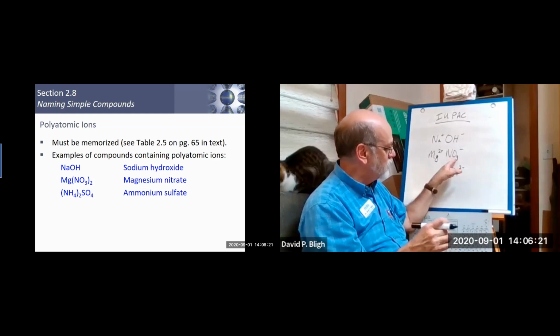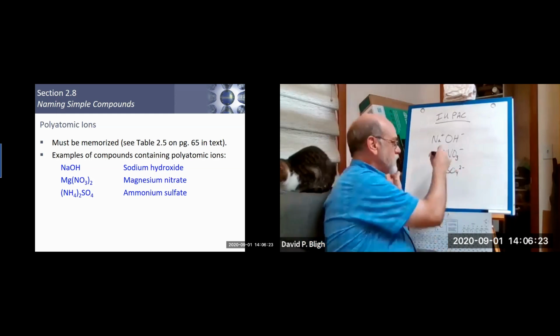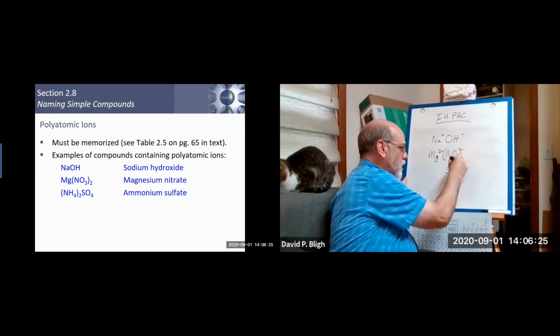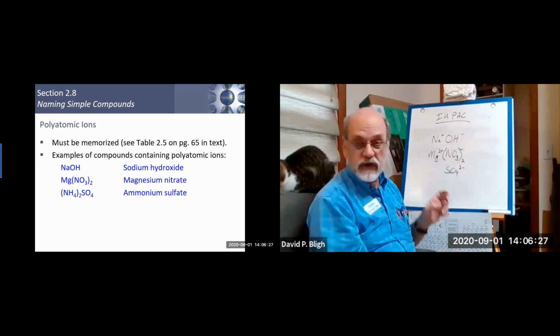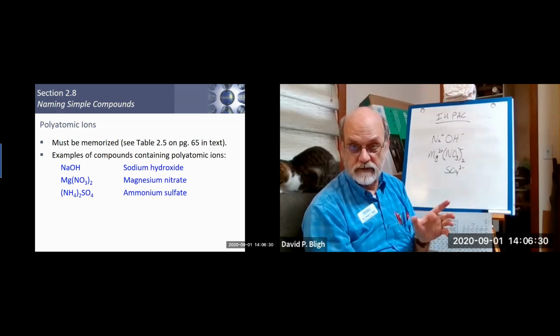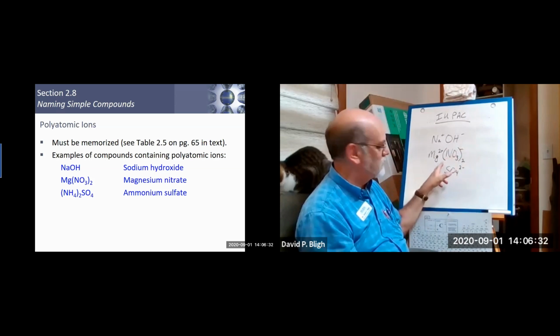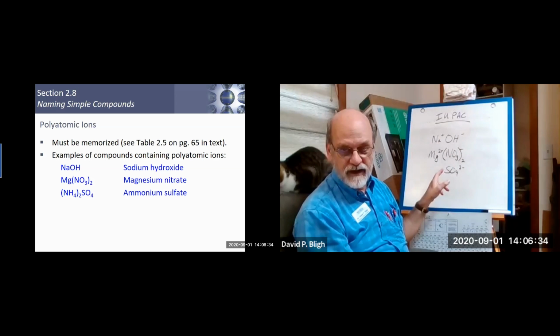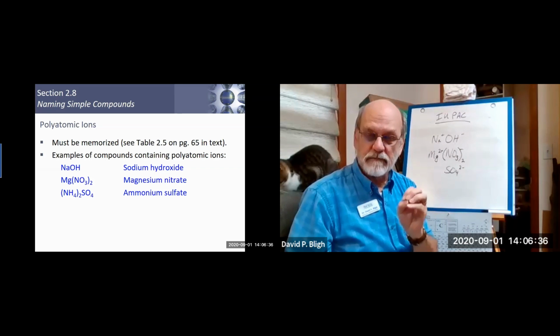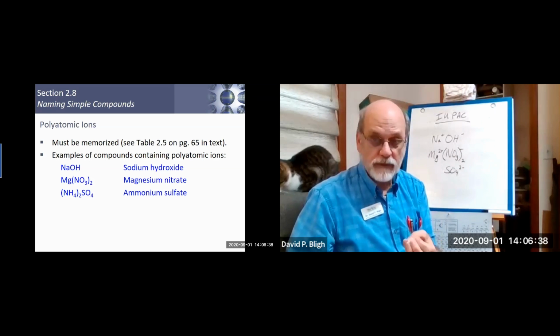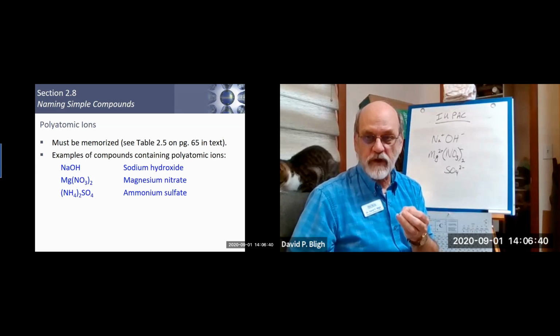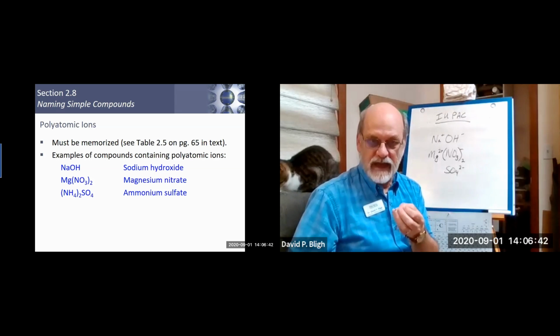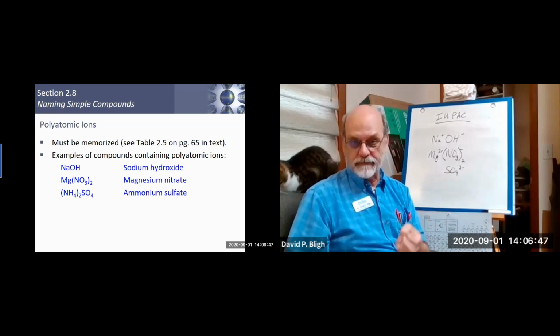So you can't mess with these subscripts. You need 2 of the wholes to give you 2 minuses against 2 pluses. That's the one thing about polyatomics. You cannot mess with their subscripts. Those subscripts are determined beforehand, and that is the structure of the polyatomic ion.